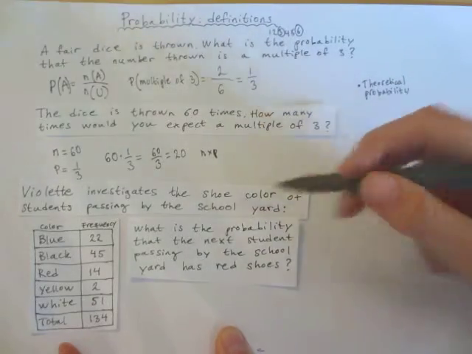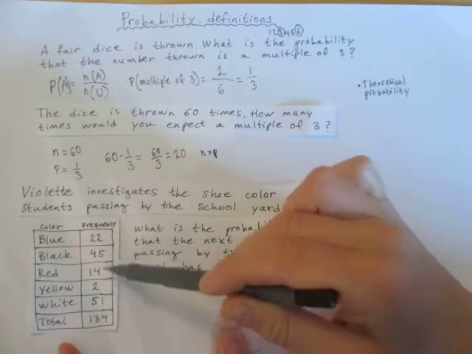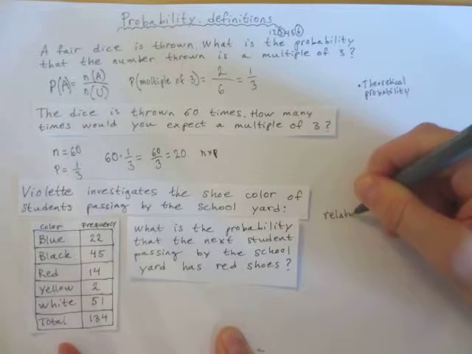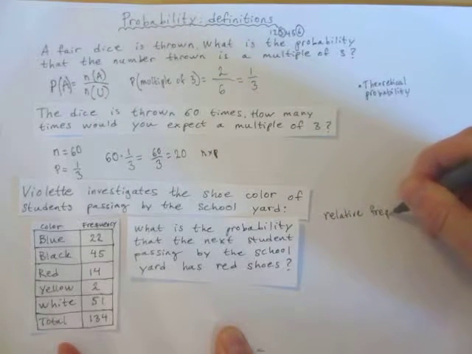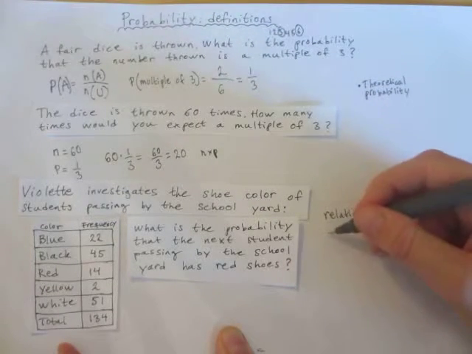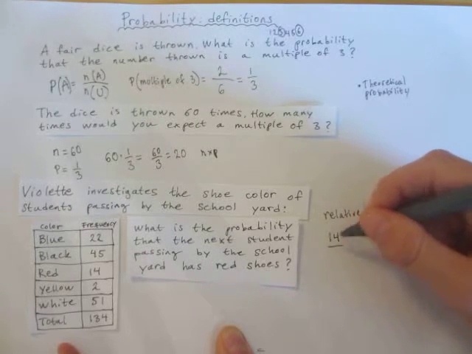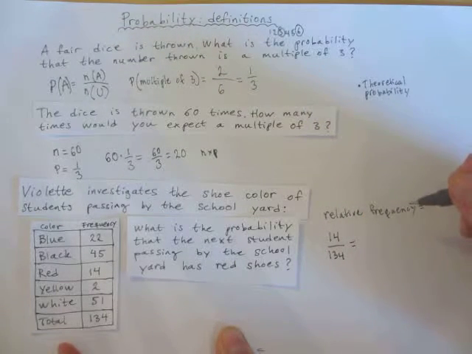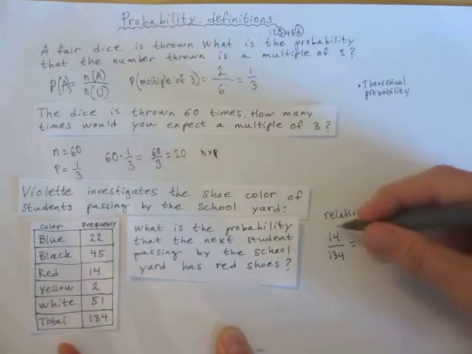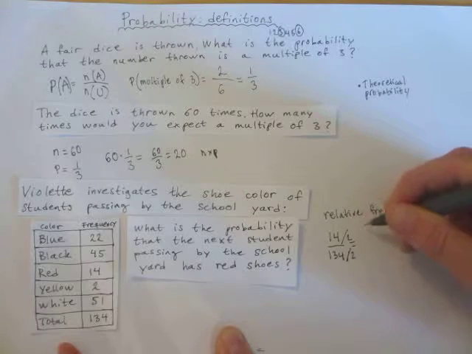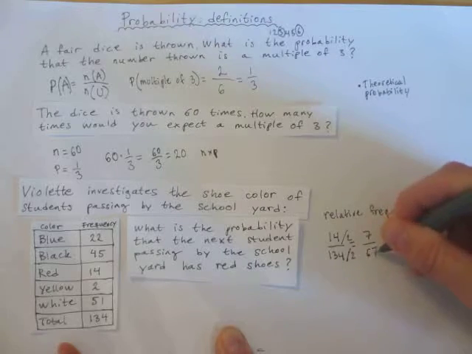Then we look here: in this experiment we had 14 students, so we can write the relative frequency. We have 14 students with red shoes, and in total we had 134 students. And we can simplify this if we divide by 2 in the numerator and the denominator, and we get 7 out of 67.